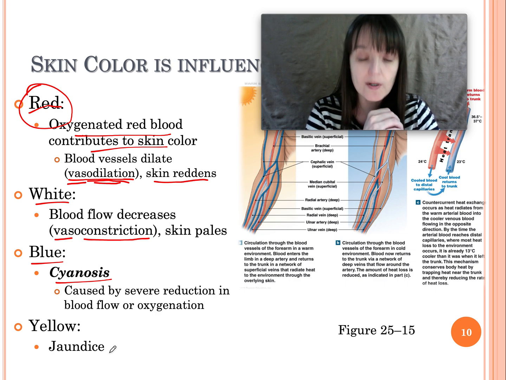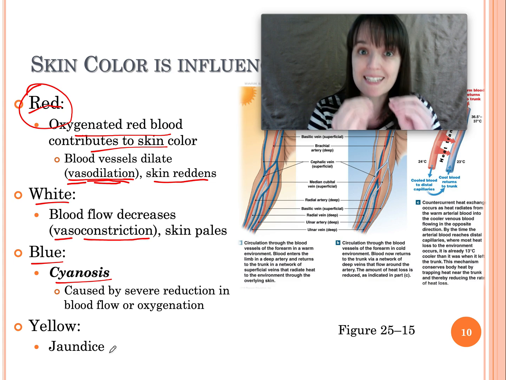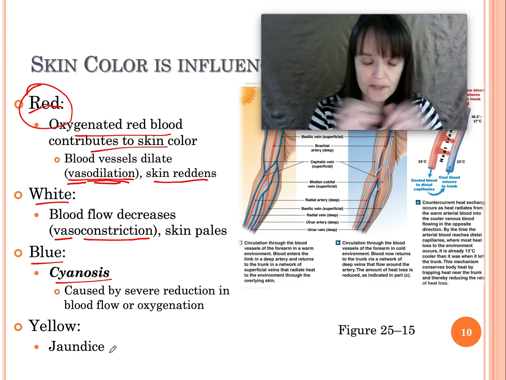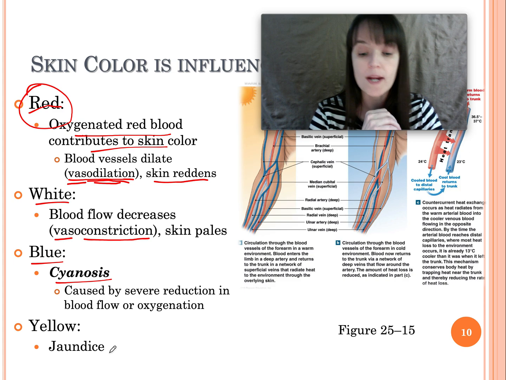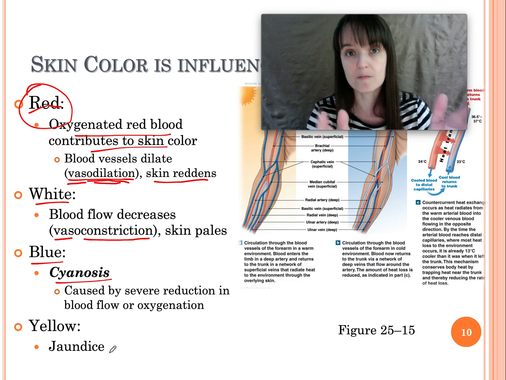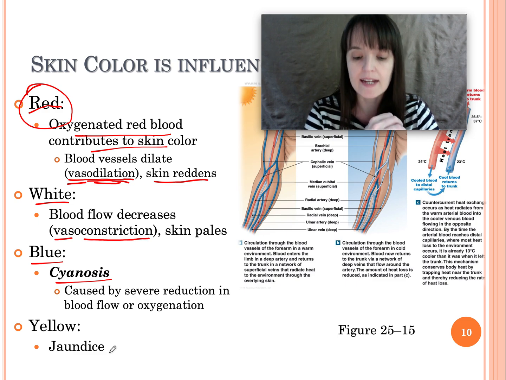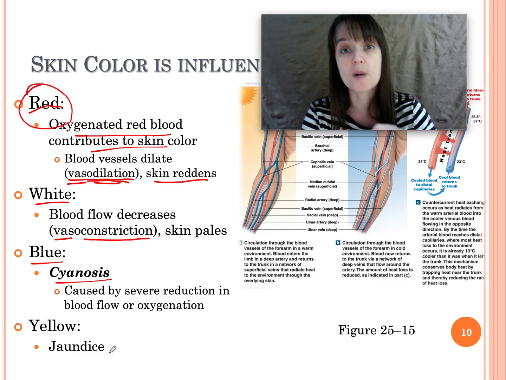And vitiligo is the one where you do actually lose melanocytes, the cells themselves. And it leaves white patches on normal colored skin, normal color being anything not with vitiligo or albinism. And that affects about 1% of the population.